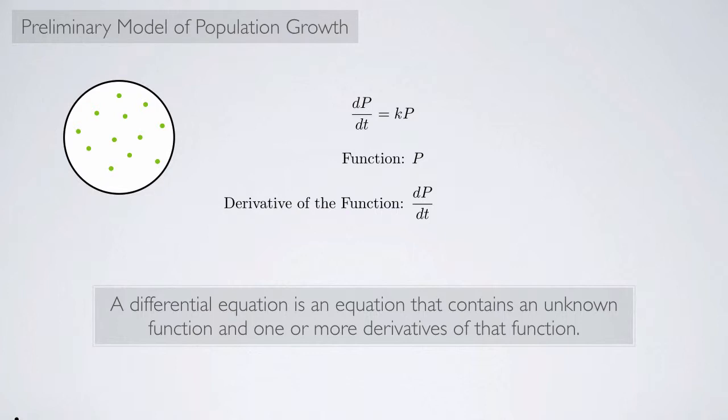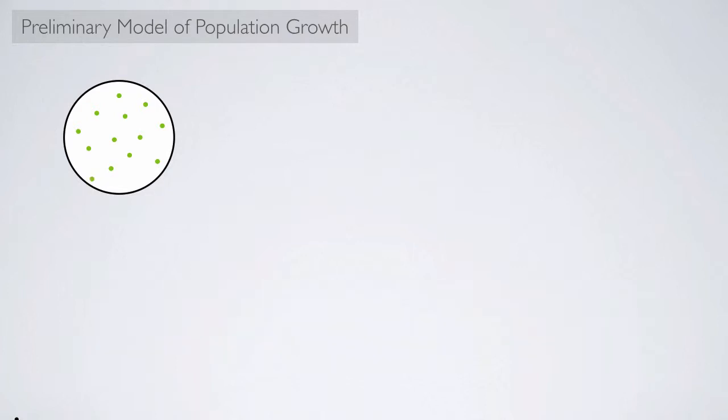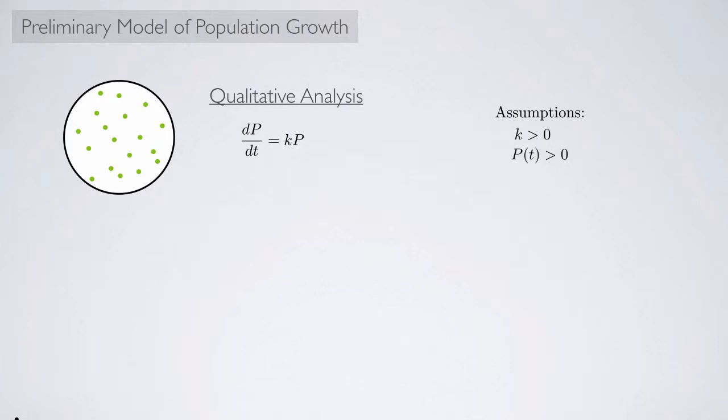So let's look at a qualitative analysis and see if we can try and understand how to solve this equation. So here's the differential equation, dP/dt equals k times P, and we're going to assume two things. We're going to assume that k, that constant k, is positive, and we're going to also assume that the population is positive for all times t, because it doesn't really make sense to talk about having a negative number of bacteria.